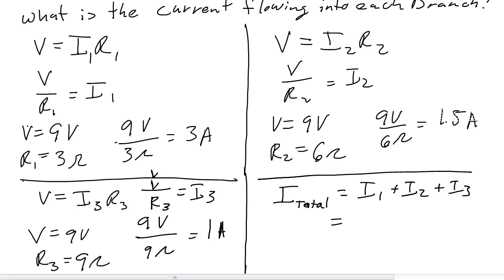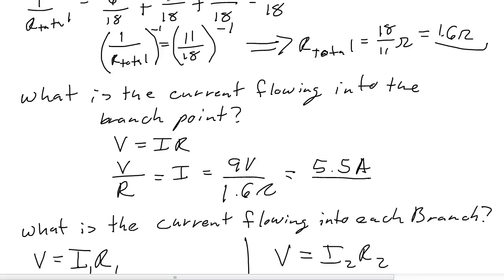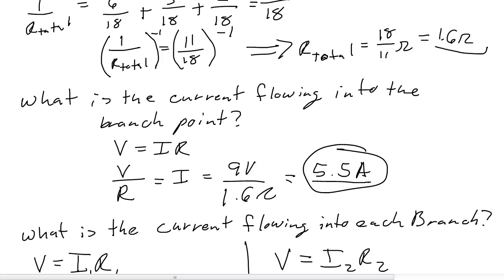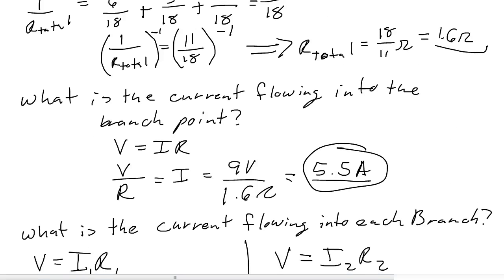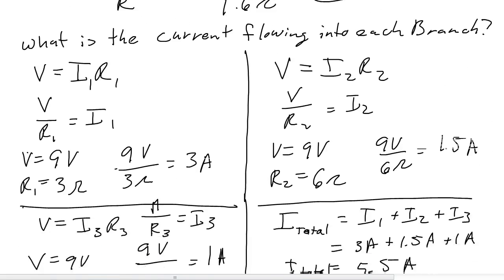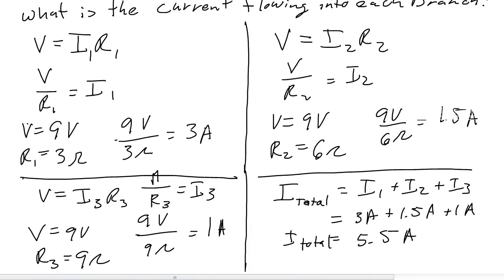I would find that 3 amps plus 1.5 amps plus 1 amp sum to 5.5 amps, which is I total, which is the very, very same amount of current we found entering the branch. So you've probably noticed by now the currents flowing through the parallel circuit are much, much higher, and we will discuss that in class. All right, that's it.